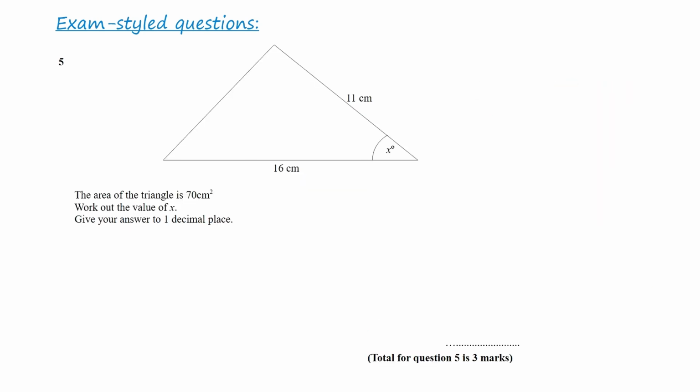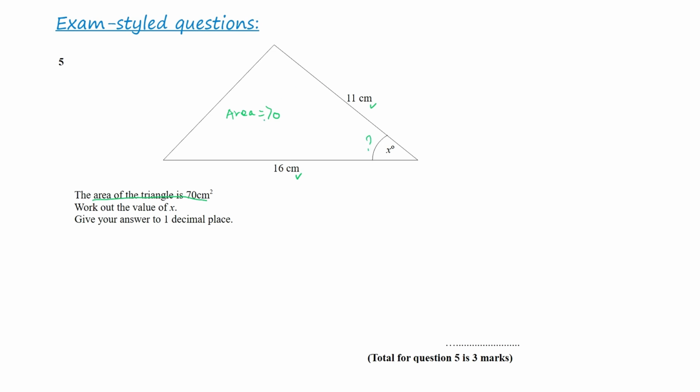So we have another question to check. The area of the triangle is 70. Work out x. So we know the area, okay? We know the area of this triangle is 70, and we know one side, we know another side, and we need to find one angle.